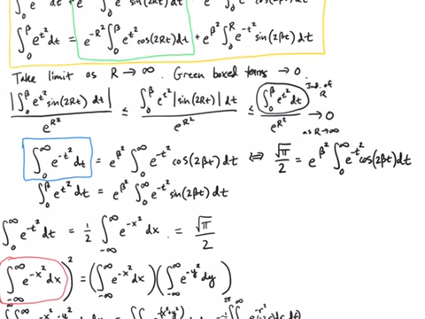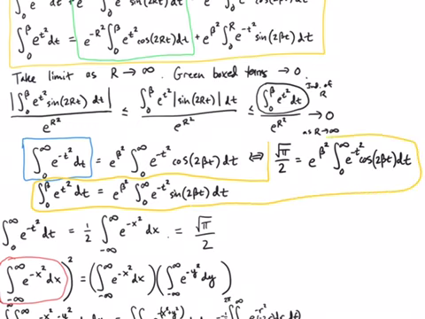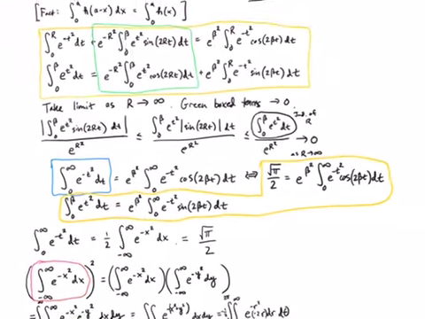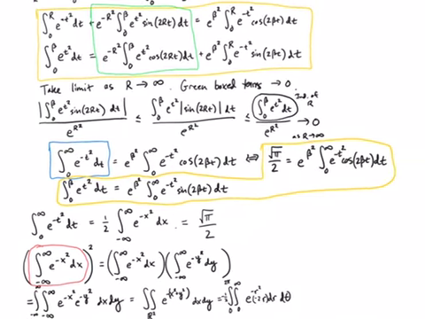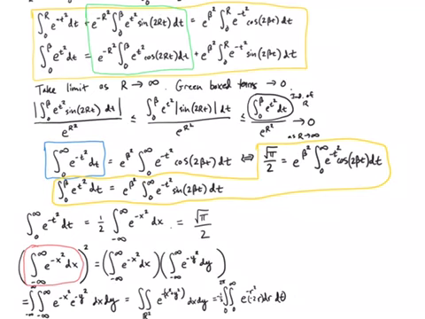So we also have these two identities. Not only is square root of pi over 2 equal to the integral from 0 to infinity of e to the minus t squared, it is also equal to the integral from 0 to infinity of e to the minus t squared times cosine of 2 beta t, and if you adjust that by e to the beta squared, that still also comes out to square root of pi over 2.